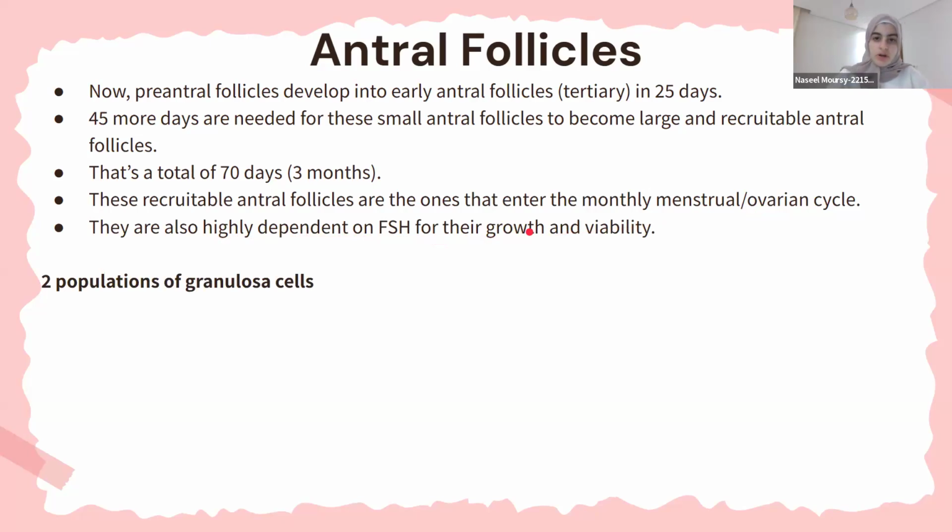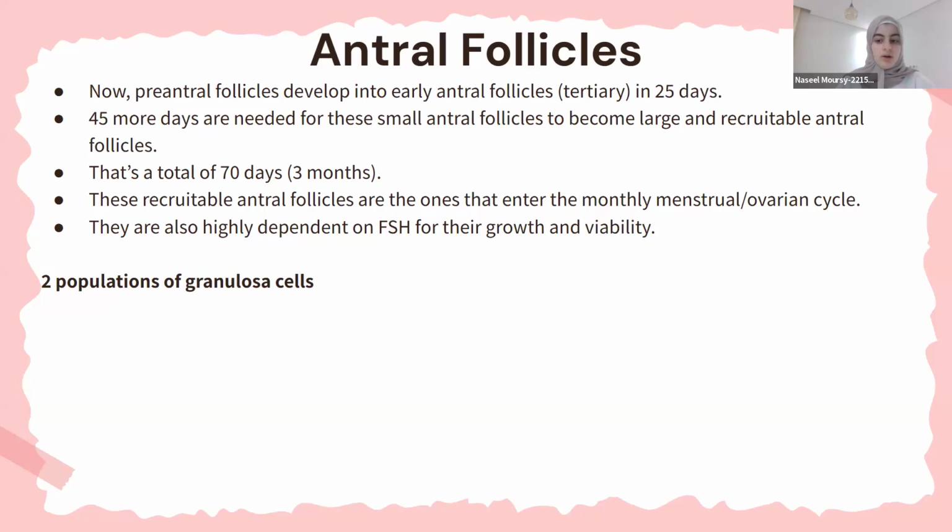So when we talk about antral follicles, we have the antrum, right? You guys have seen it. It separates the granulosa cells into two populations. One is close to the oocytes, and we call that the cumulus cells or corona radiata. It has many names. And then we have the granulosa cells close to the basement membrane. These are called the mural granulosa cells.